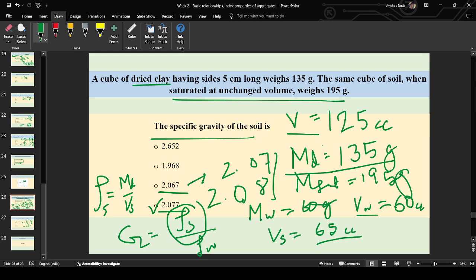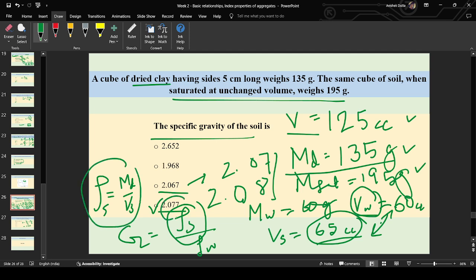For example, see the mass of dry soil, the mass of saturated soil, and the volume of the dried clay are given already. So the volume of water and the volume of the soil solids are obtained from these values, and the actual value is being given as 2.071.